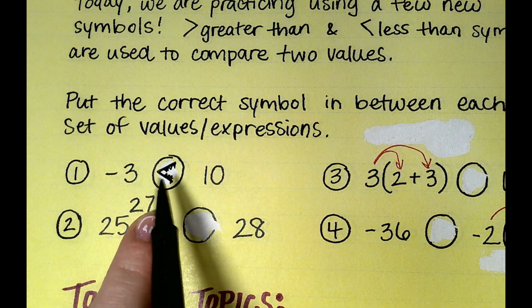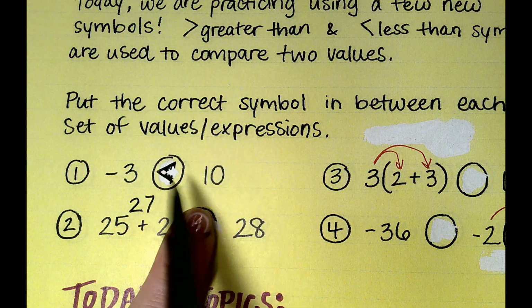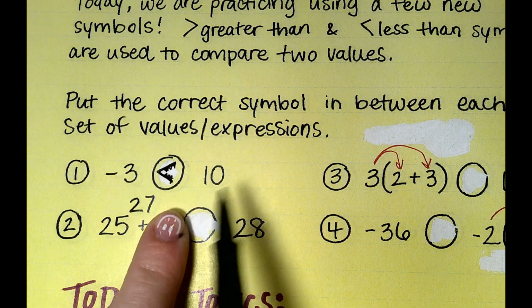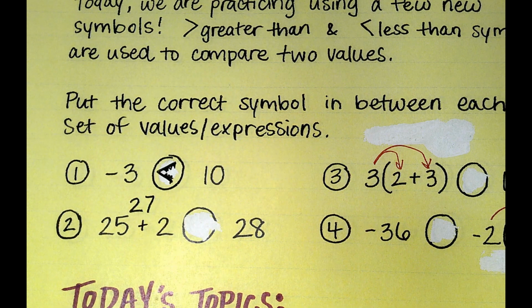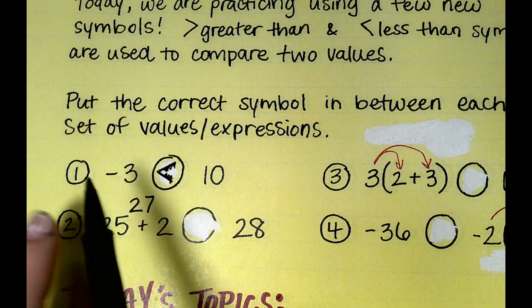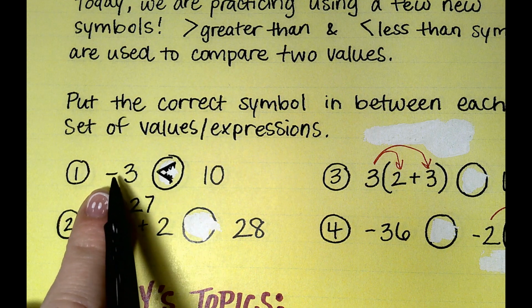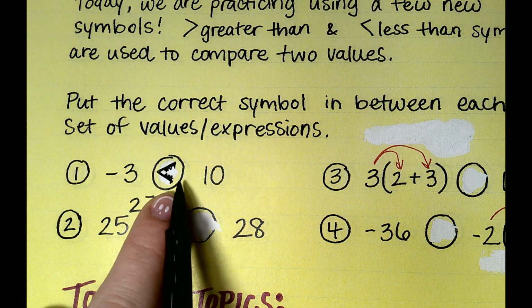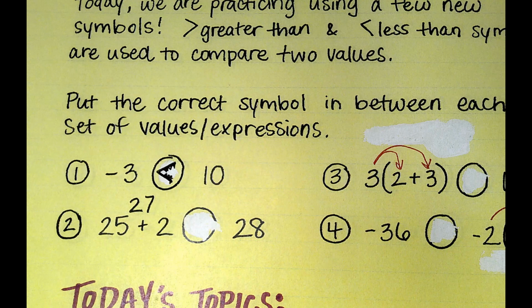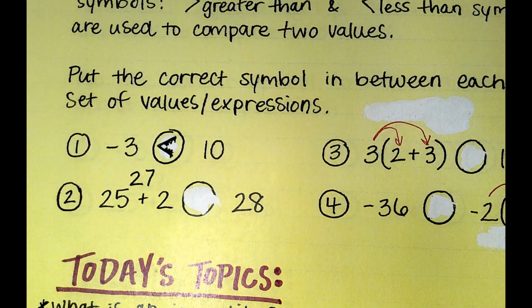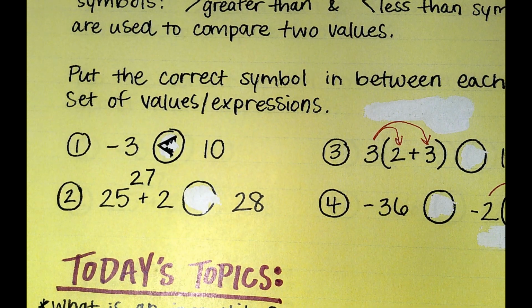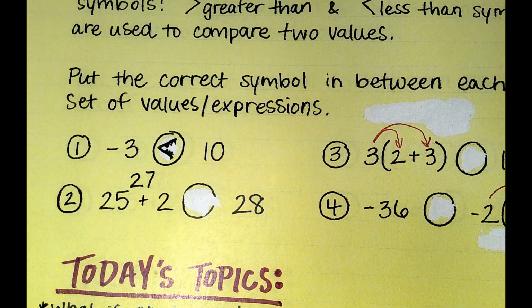So that's why his mouth is facing the bigger number. That's how we can remember: whatever side the big opening is on, that is the bigger part. The smaller part is where the point is. So -3 is less than 10. Awesome. Do we have any questions about that? Or does that make sense?